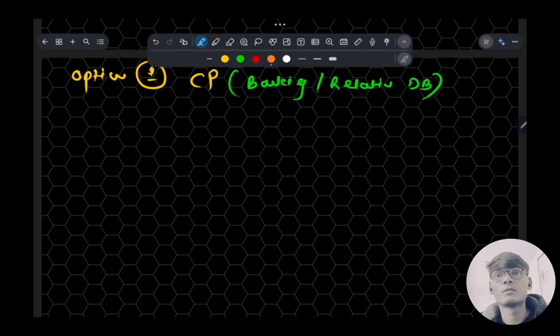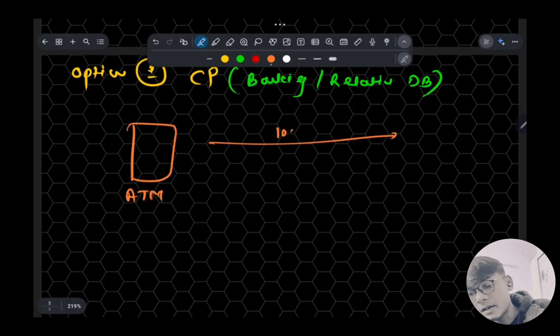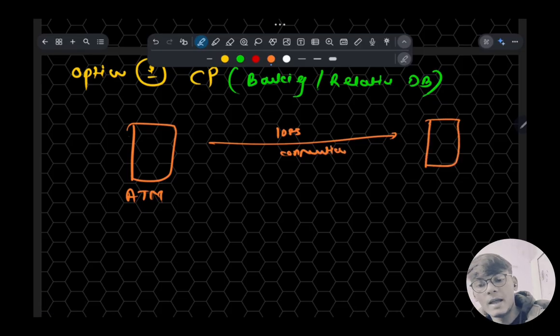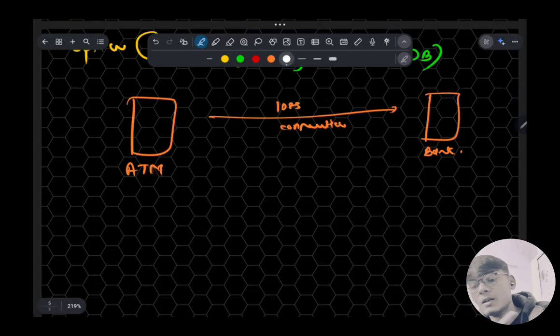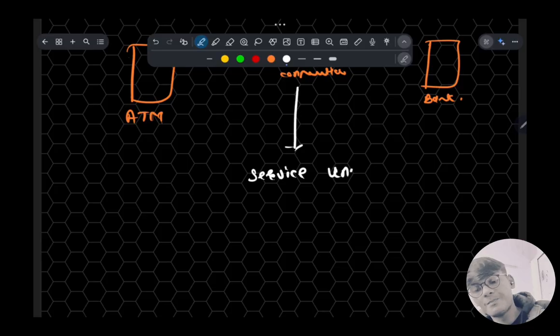If the ATM loses the connection to the main bank server, what happens? It declines your card and says service unavailable.